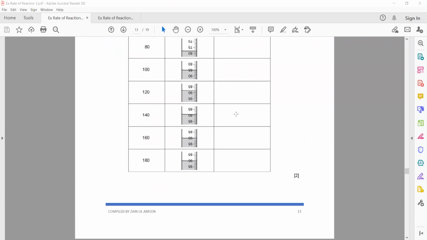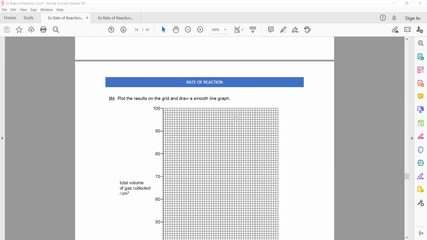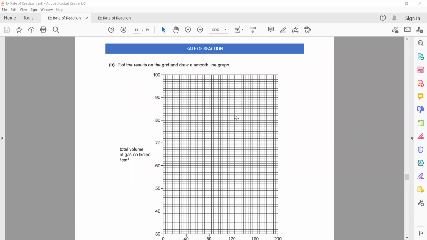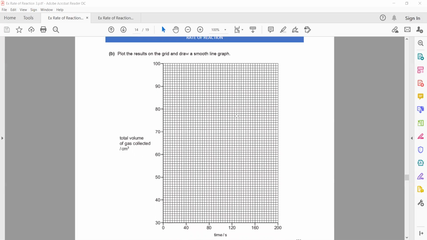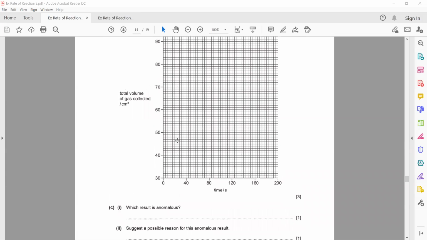In question number 4, plot the results and draw the smooth line graph. Just a minute, I will check if anyone submitted that.